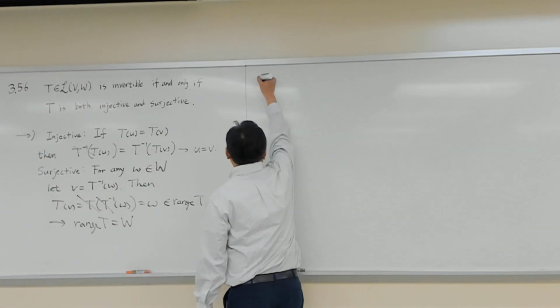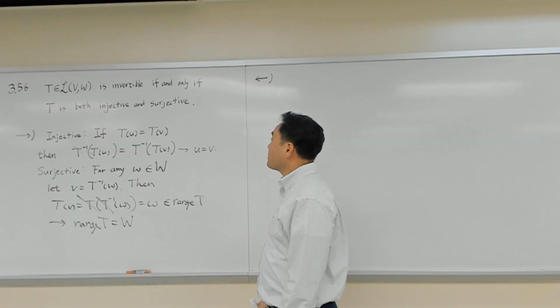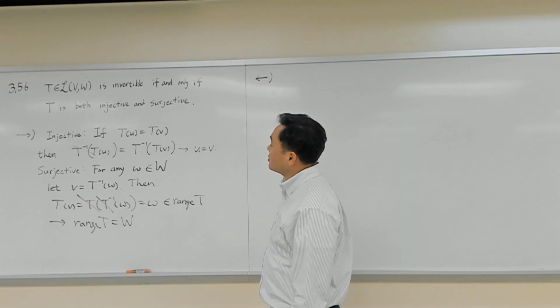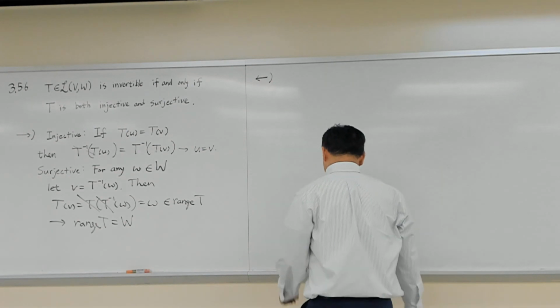Now let's prove the opposite. If T is both injective and surjective, then it's invertible. Okay? So how do you do that?